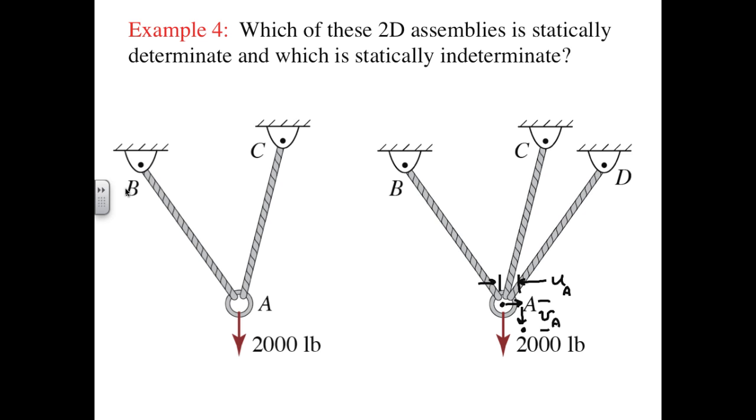As A reaches a new location, we can calculate the stretch of each rope, delta AB, delta AC, and delta AD. Knowing the material properties, that is, the modulus of elasticity, and the cross-sectional areas of each rope, we can calculate a spring constant for each and find the force carried by each rope as FAB equals KAB delta AB, and similarly we can find FAC equals KAC delta AC, and FAD equals KAD delta AD.